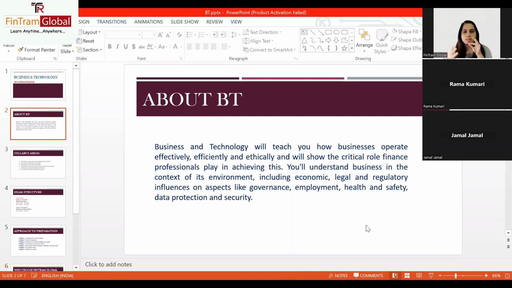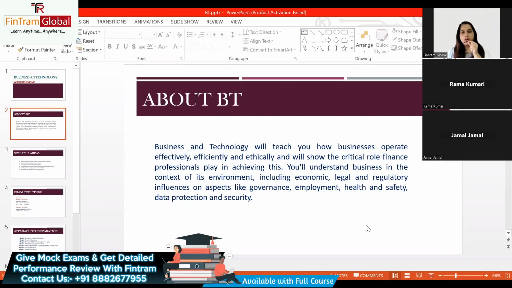So it's a mixture of both your business studies and economics, and of course there will be some other topics as well here, related to technology and a few other things which would be new, but mostly the knowledge builds upon what you studied back in your 11th and 12th commerce, whether in your business studies exams or your economics exam.